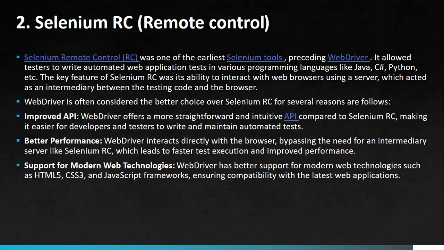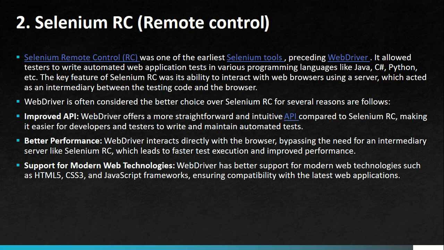Now let's go with Selenium RC. Selenium RC, or Remote Control, is one of the earliest Selenium tools, and it came before the new feature of Selenium WebDriver. It allows the tester to write automated web application tests in various programming languages: Java, C Sharp, Python.